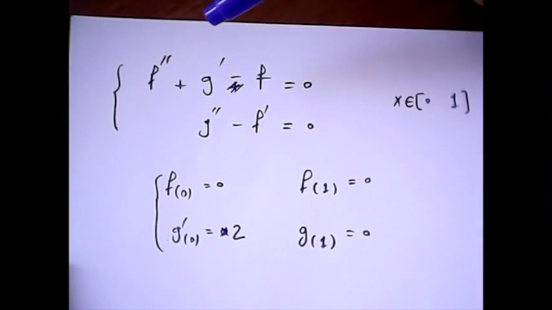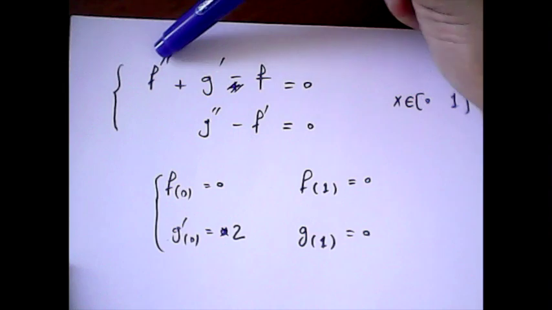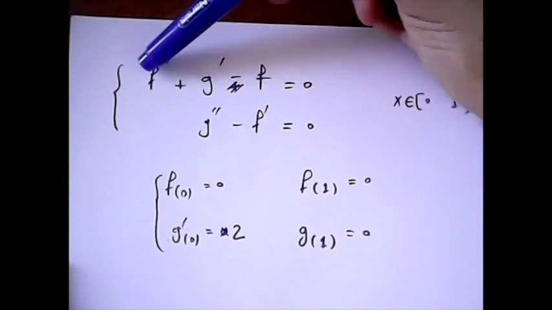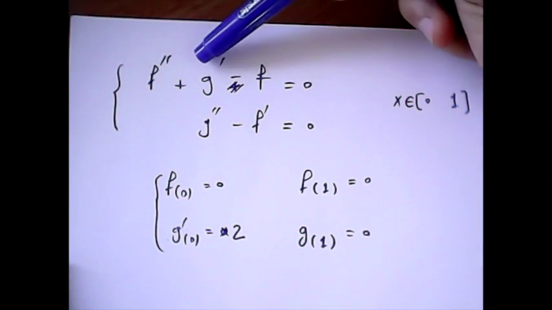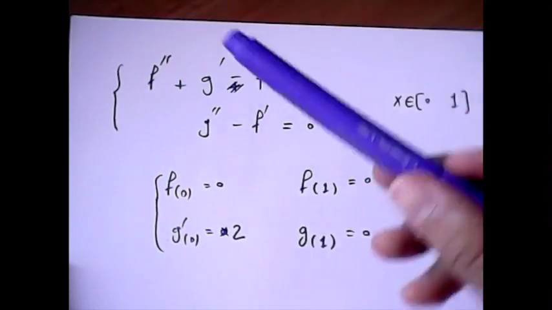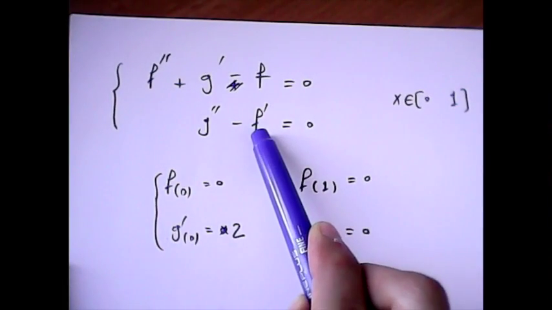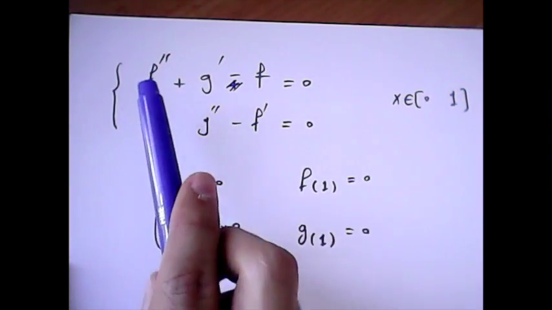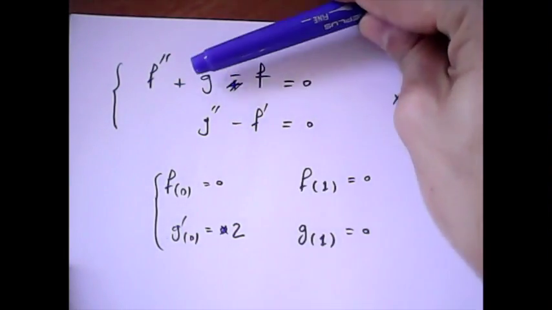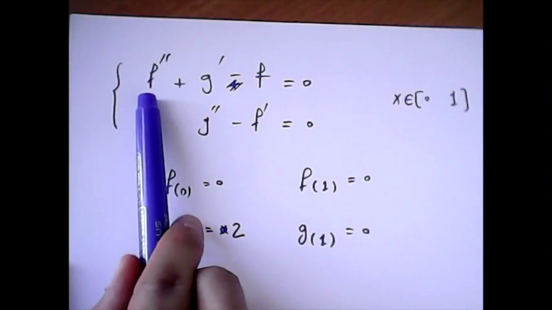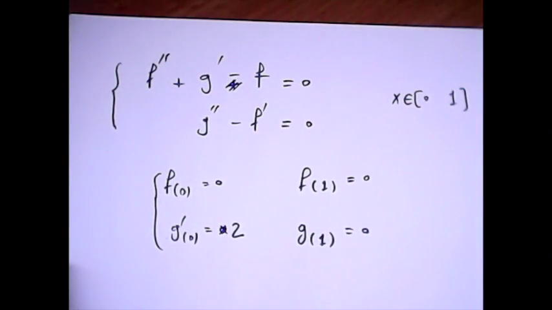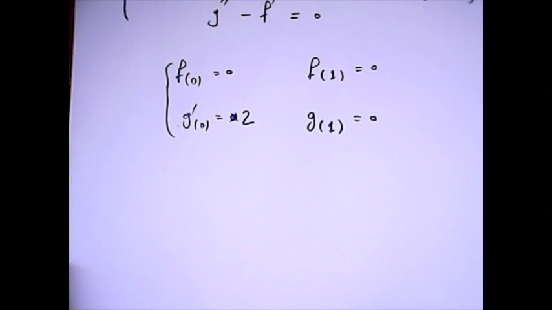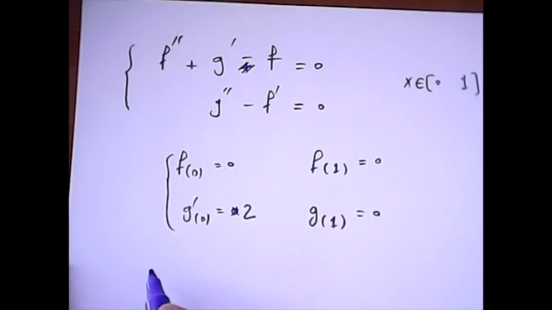So what if I take the derivative of the entire equation on top? Then these two terms would be identical to these two terms. I can subtract this from the top, and I will end up with an equation which doesn't have these two. It will only have f. Let me do it. I'm going to take the derivative of the first equation.